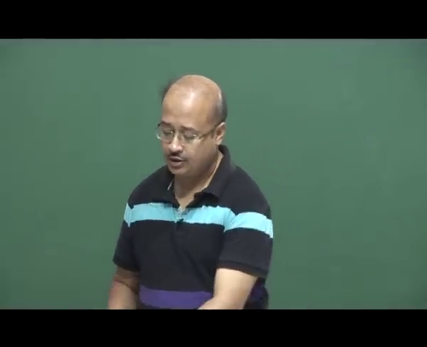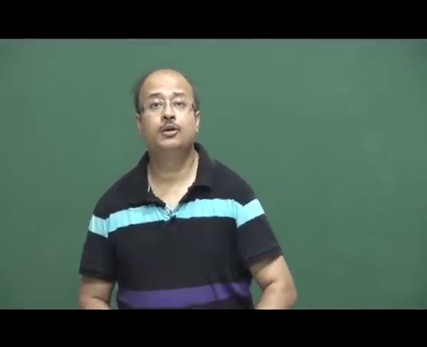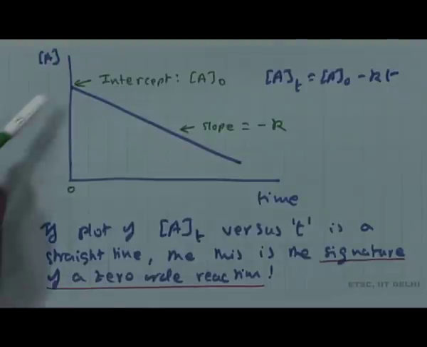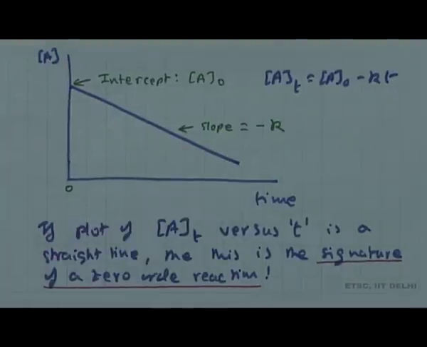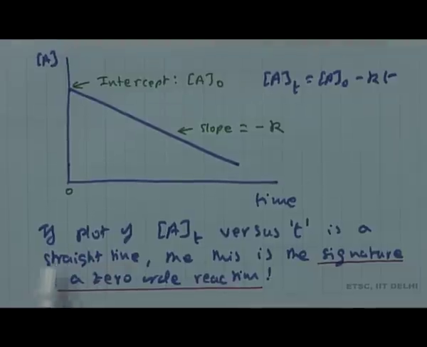So, this is what we plotted last time. As you can see, the intercept would be A naught and the slope is minus k, right. Again, if you read what is written out here, only if the plot of concentration of A as a function of time is a straight line, then this is definitely a zero order reaction.